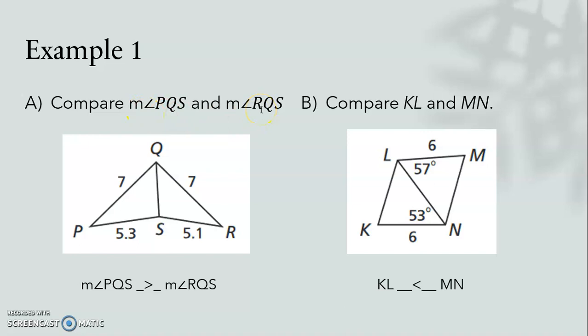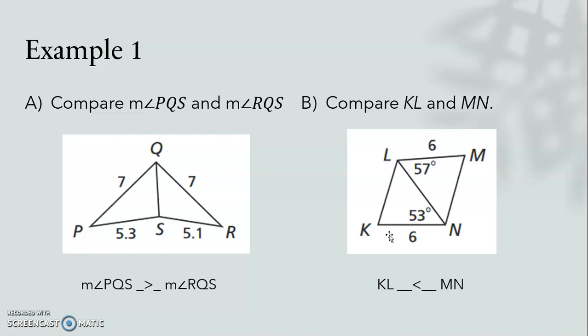Okay, and that's going to just be more helpful because when they ask it to you and they show you an answer, they're just going to give you this symbol. So if you write them in the same order, that's good. Now I did forget to say that this is the hinge theorem, not the converse, because we know the angles and we're comparing the sides. It's the regular hinge theorem.